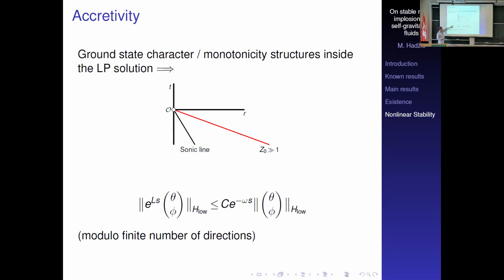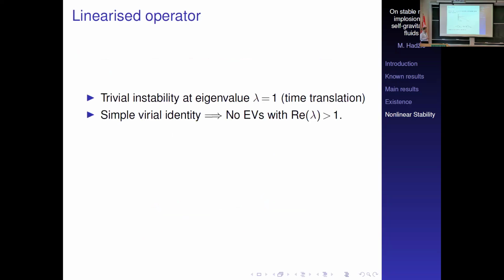And this is only true modulo a finite number of directions, which is to say that coercivity, sorry, this is a mechanism that was already well understood in the semilinear world, modulo some compact perturbation or relatively compact perturbation, you actually have this type of decay.